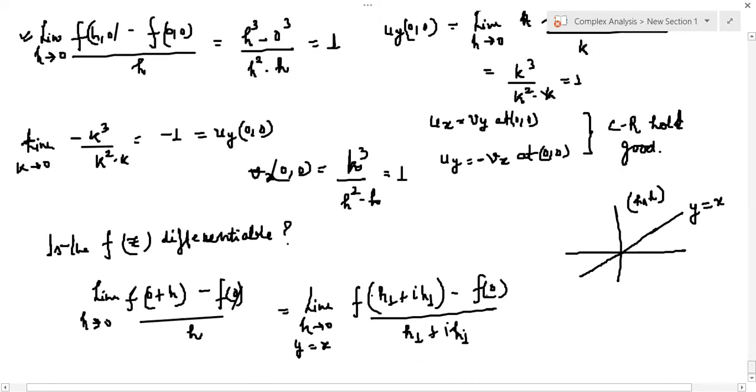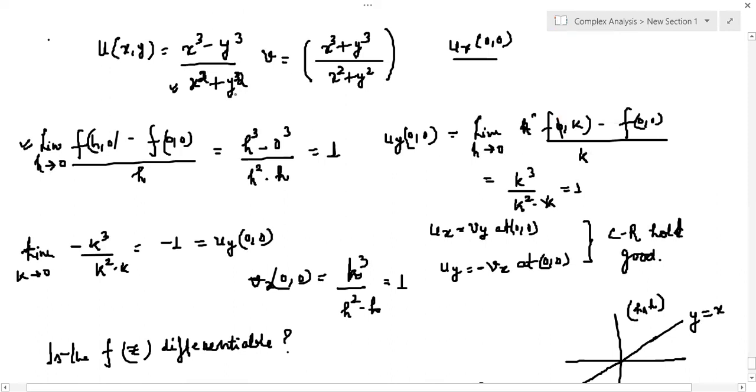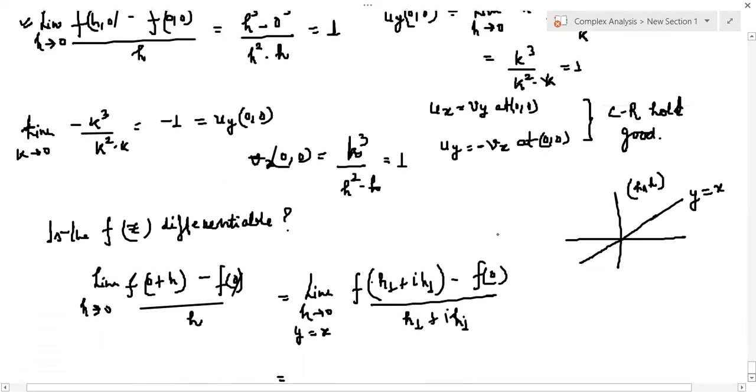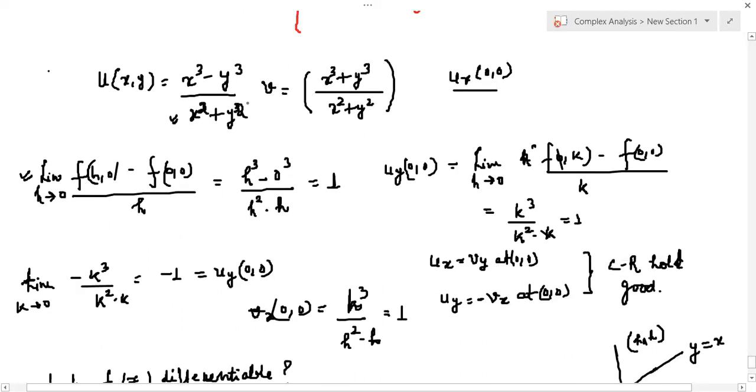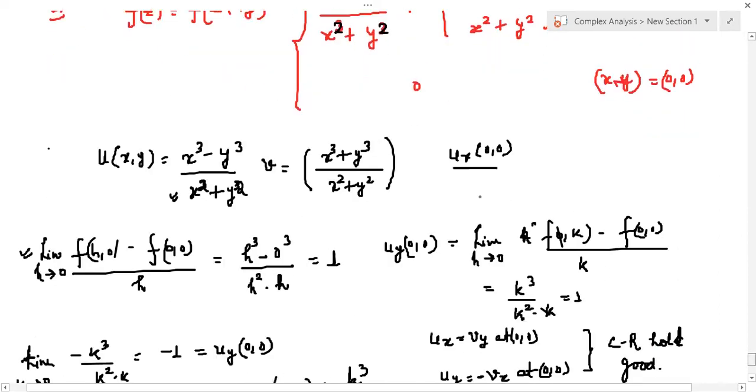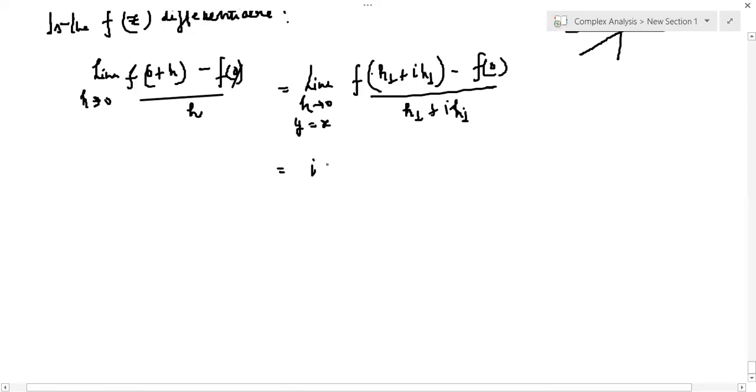It is equivalent to writing h1 comma h1. If I'm writing h1 comma h1, u goes away, only the v part remains. I hope it is clear till now. u goes away because if it is h1, it will become 0, only this part will remain. So it will be iota 2h1 whole cube divided by 2h1 whole square, and then minus 0 upon h1 plus iota h1.